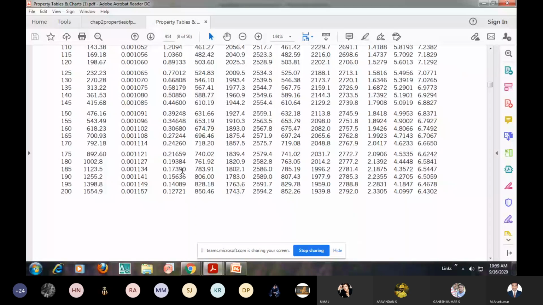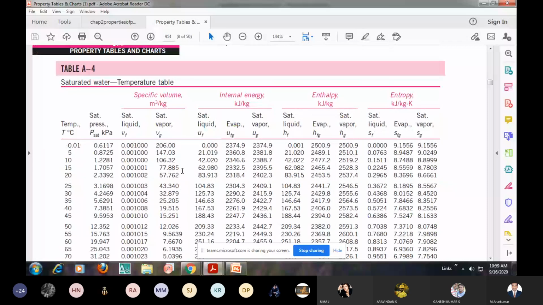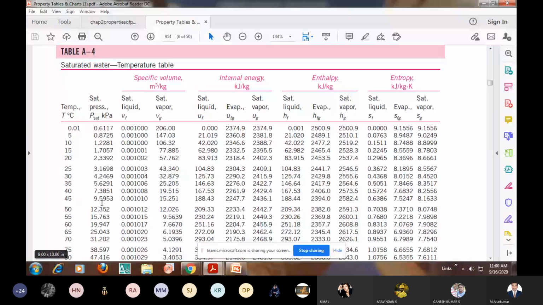In table A4 there is the saturated water temperature table, so you can get the values corresponding to 25 degrees Celsius.